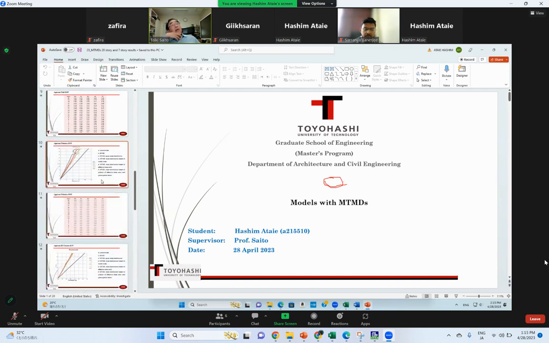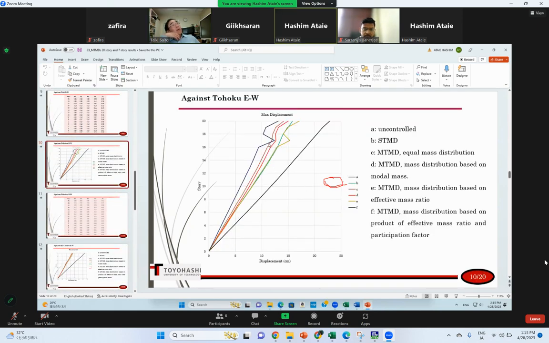For example, like this, if you give the TMD, when it's called the inspection floor. Yeah. So the height of the TMD is up to 17 floors. Of the TMD, not the structure.